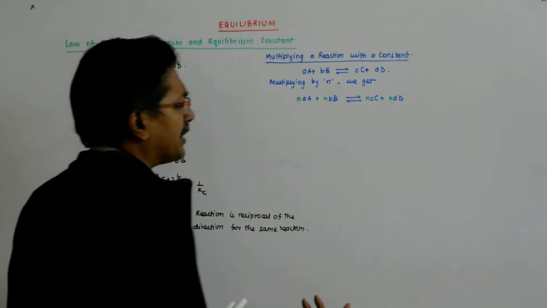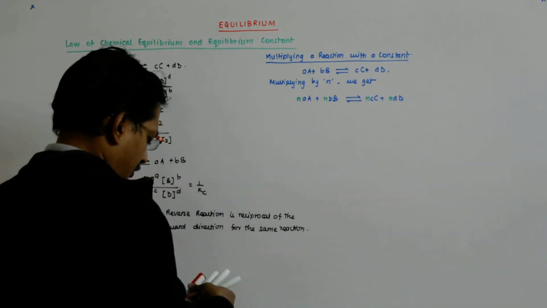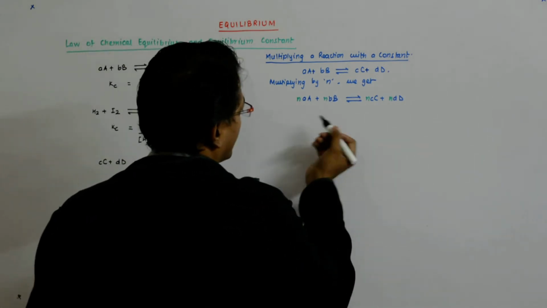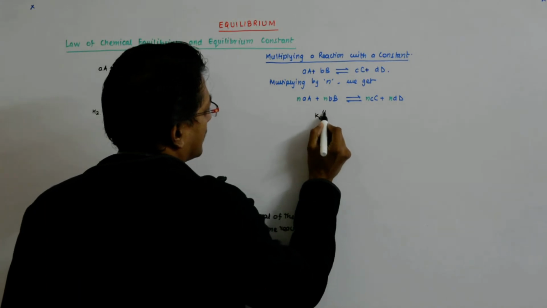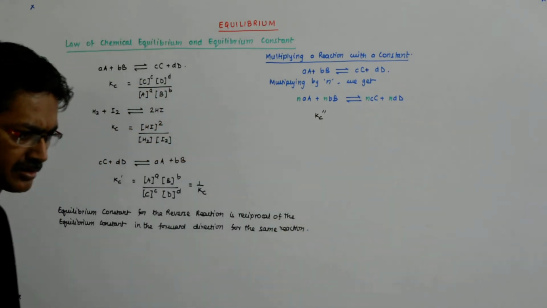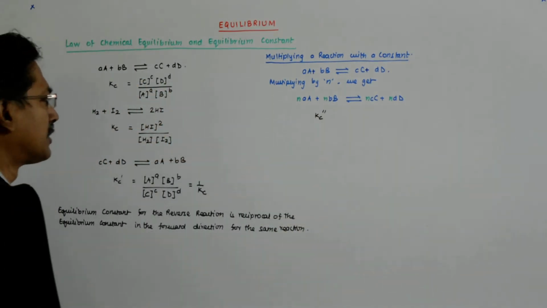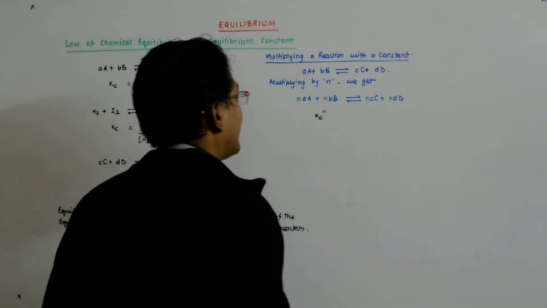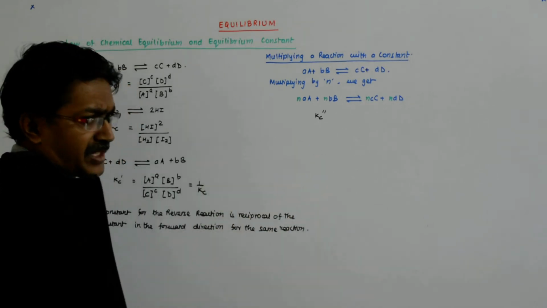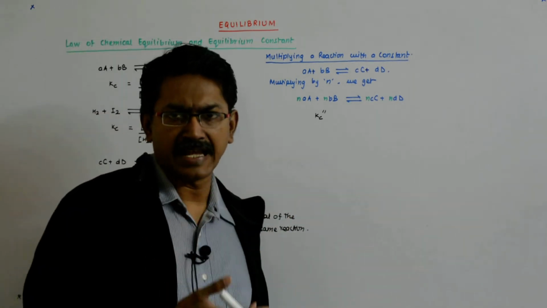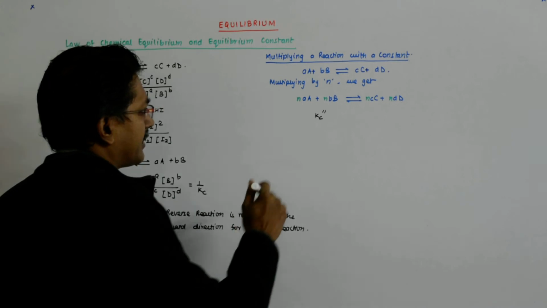Now it's very simple, just attempt on your own. What is the equilibrium constant for this? Let us term it Kc dash, Kc double dash, fine. This has nothing to do with derivatives, otherwise dashes stand for derivatives, it's not a derivative.